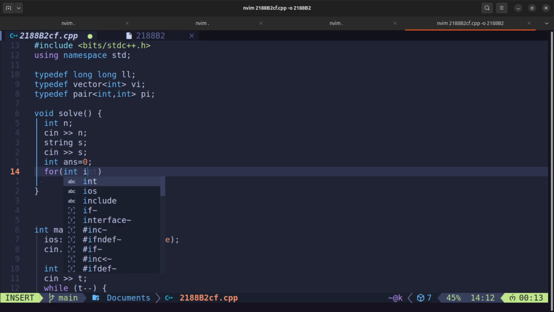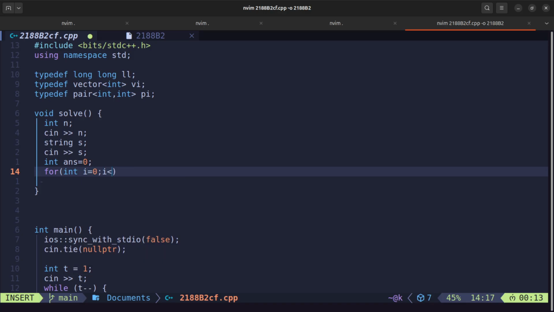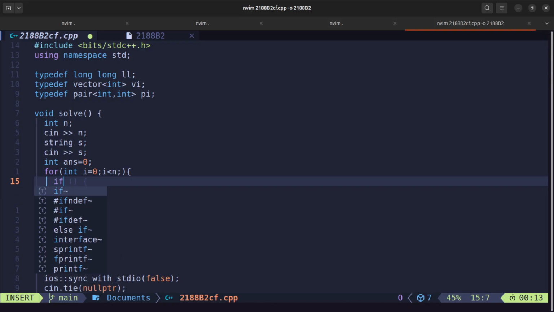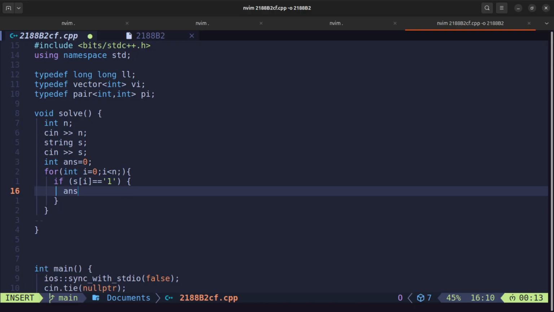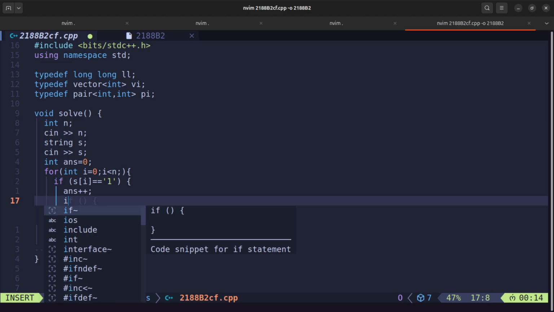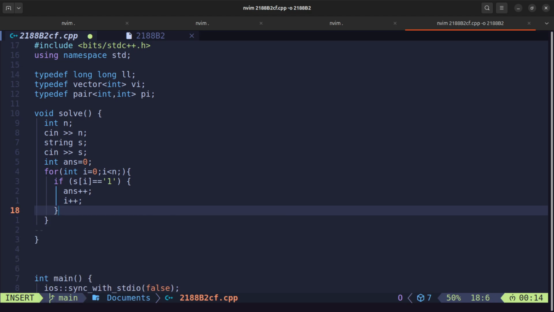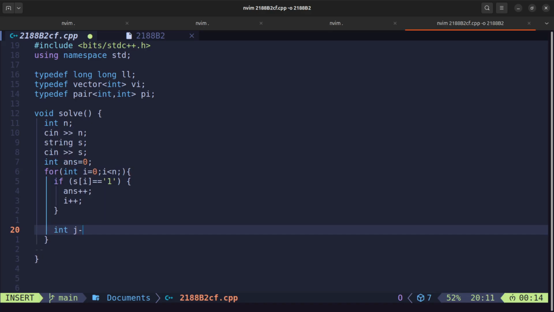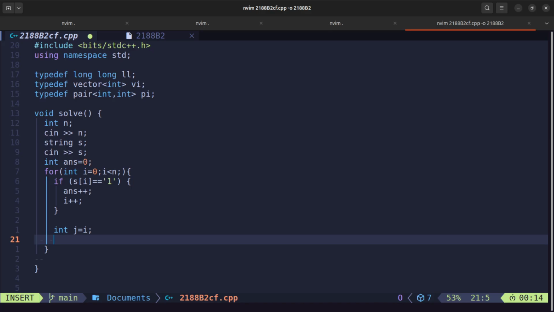For i equal to 0, i less than n, if s[i] is equal to 1, then ans will increment by 1 and i also increments. Then int j is equal to i, and we use a while loop while j is less than n and s[j] is equal to 0, j will increment.